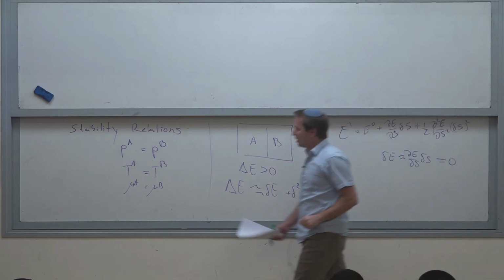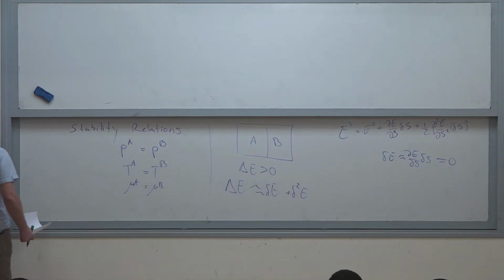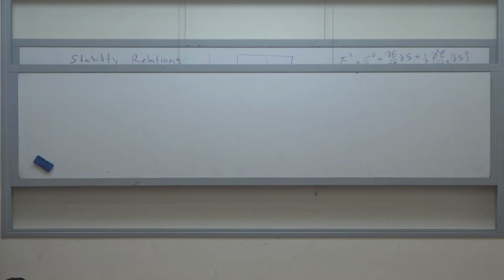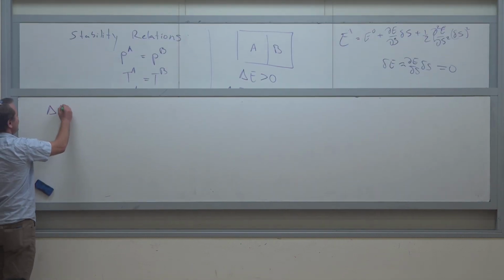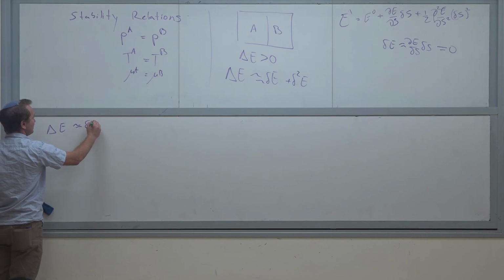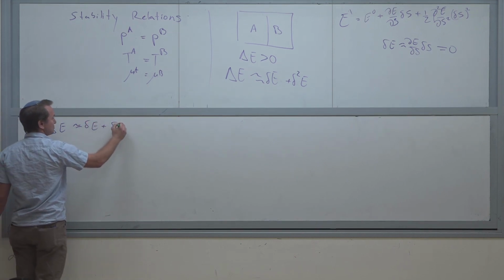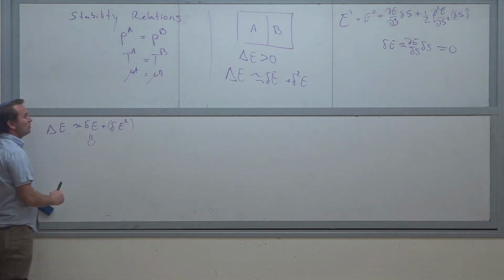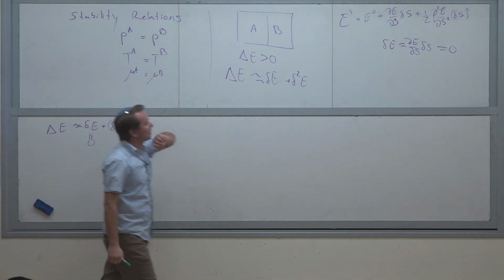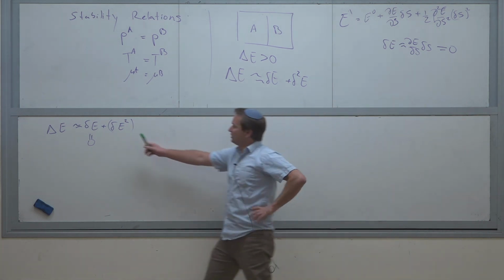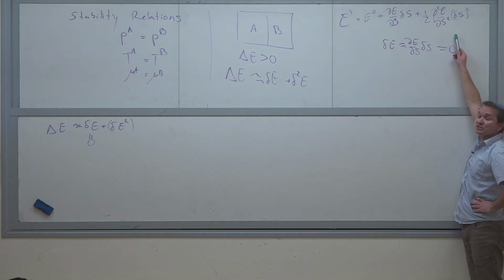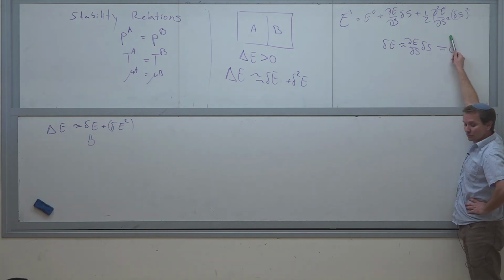Additional relations were obtained when we used the second order expansion. What was the second order expansion? We said delta E is the first order term plus the delta E squared term. The first order term equals 0 according to those relations. And for the delta E squared, we used the second order derivative of the energy with respect to entropy.